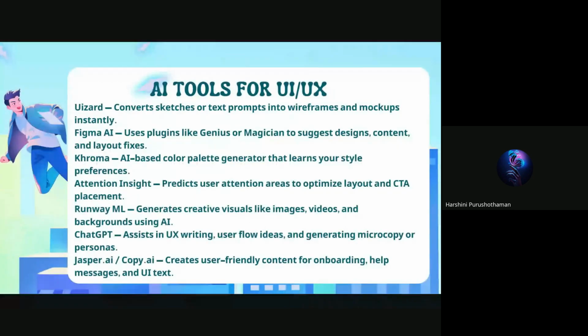So Jasper.ai or Copy.ai creates user-friendly content for onboarding, help messages and UI text. As I said, UI is what a user looks at in the application, and UI text is also very, very important. UI text is the branding for an application. UI text must be very attractive to the user. Each and every user should be able to connect that UI text towards themselves.